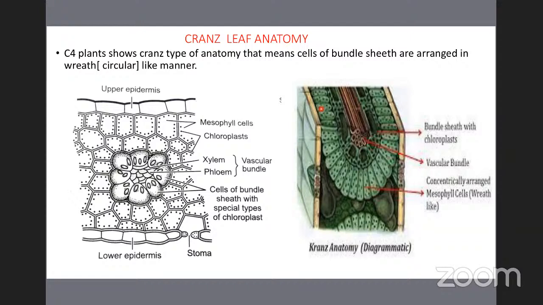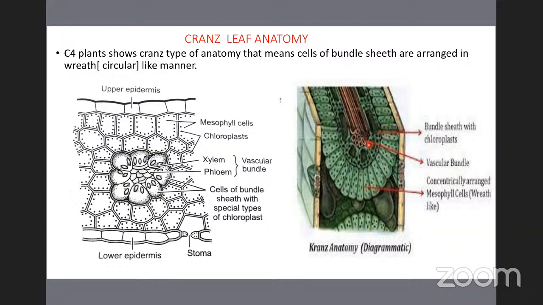So this Kranz type of anatomy means large cells in single cell thickness, one after the other in a single layer, arranged in a wreath-like or circular manner, in which you will find only granal type of chloroplasts. So that is about the Kranz type of anatomy.